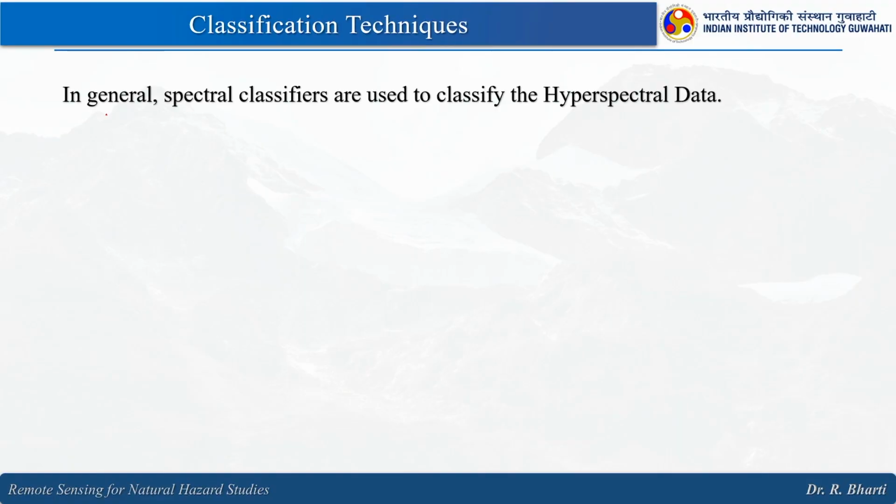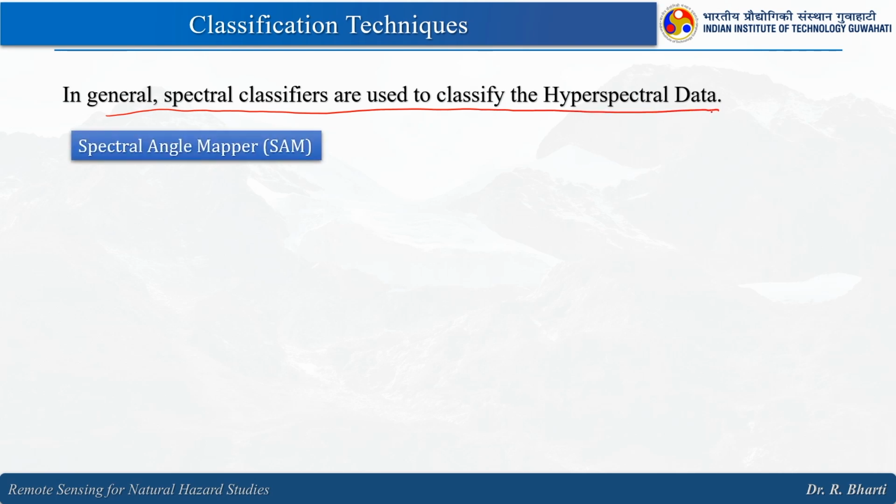So, for the multispectral classifiers, the names that I mentioned in the previous slide, some of them are completely dedicated to multispectral. Some of them can be used with the high dimensionality data. So, here in general, spectral classifiers are used to classify the hyperspectral data.